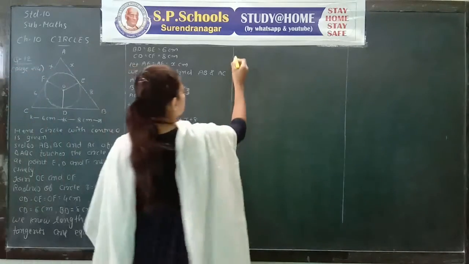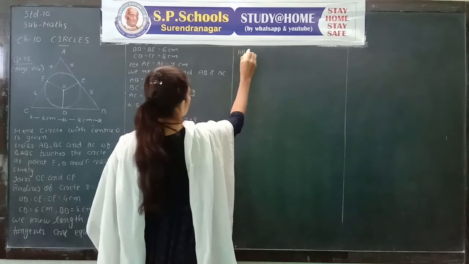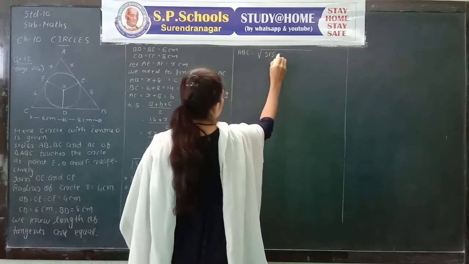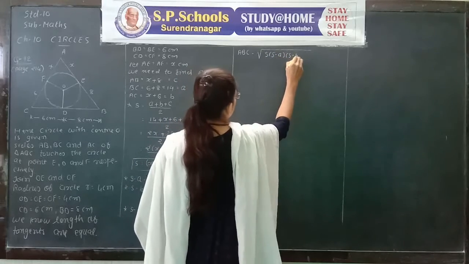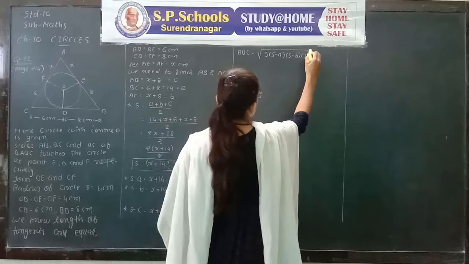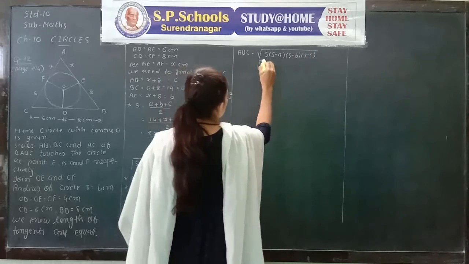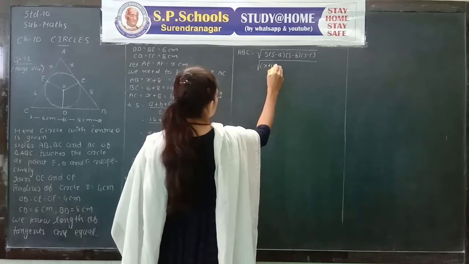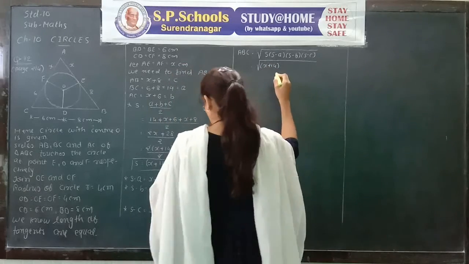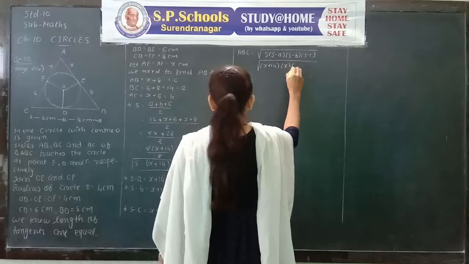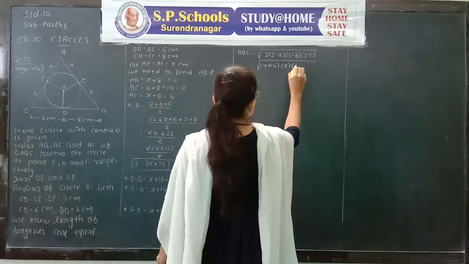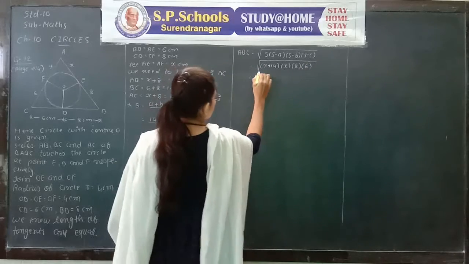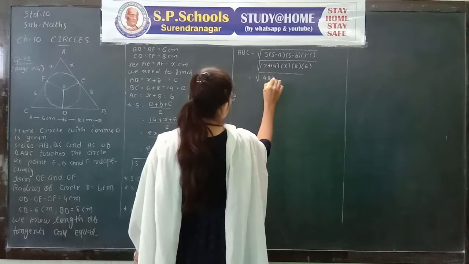Now apply Heron's formula to find the area of triangle ABC. Square root of s into s minus a into s minus b into s minus c. Square root of s is equal to x plus 14, s minus a is x, s minus b is equal to 8 and s minus c is equal to 6. 6 8s are 48x.